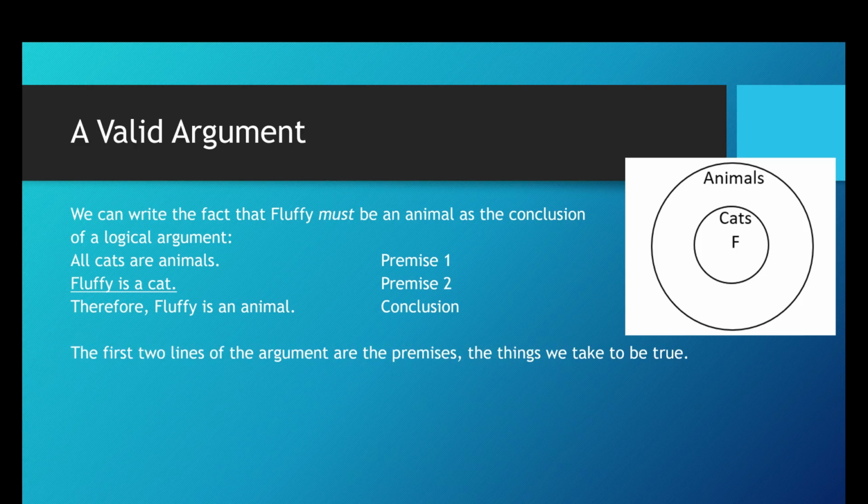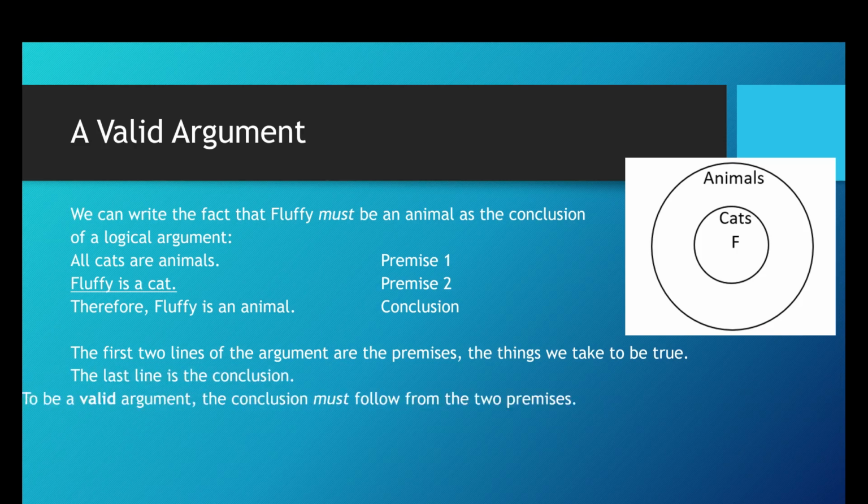The first two lines of the argument are the premises, and these are the things we take to be true. Even if we don't know if it's true, I'm telling you it's true, you take it to be true, those first two things. And the last line is the conclusion. The conclusion has to follow from the two premises in order for the argument to be valid.